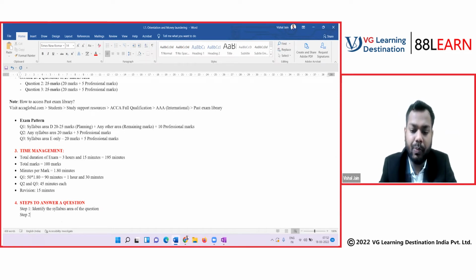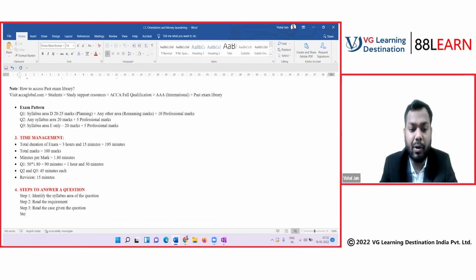Then step number 2, read the requirement. Don't read the question first. Read the requirement. Step 3, read the case study, the case given in the question.